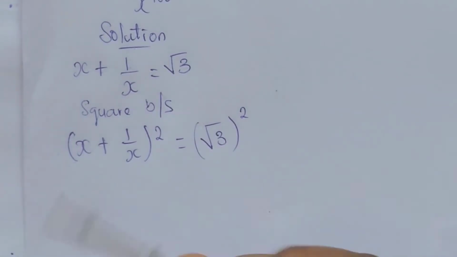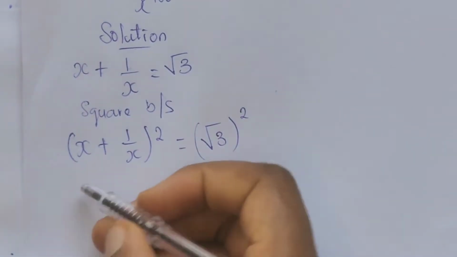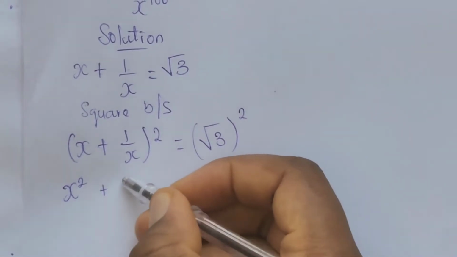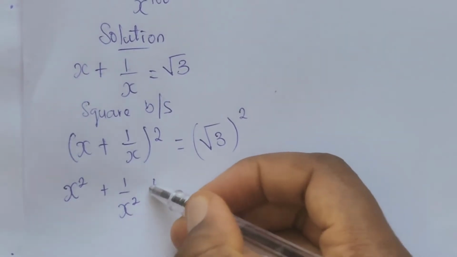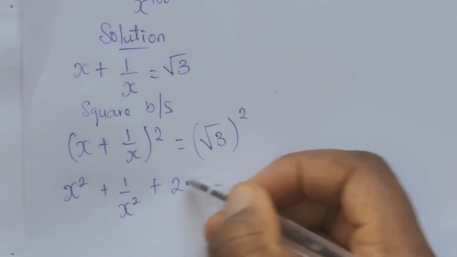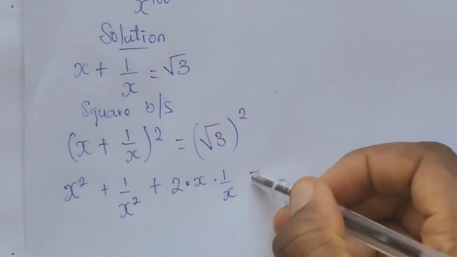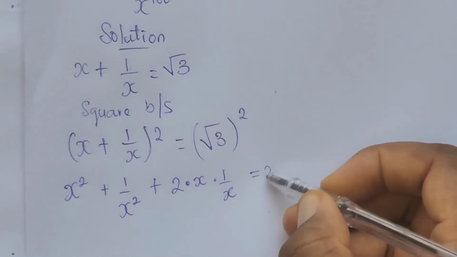So from here, opening up this bracket, we'll be having x squared plus 1 over x squared plus 2 times x times 1 over x equal to, the square root sign will cancel out with the 2, so we have 3 here.